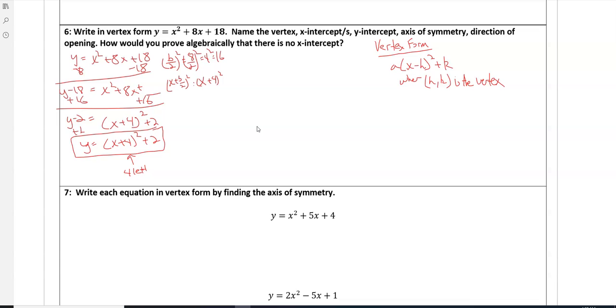So the axis of symmetry is going to be at negative 4. You could just see it, or if you have to, you could do negative b over 2a. So if you go to the ABC at the top, it'd be negative 8 over 2 times 1, negative 4. So the axis of symmetry is negative 4.